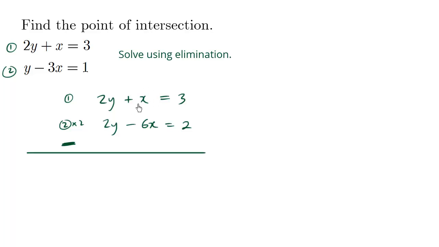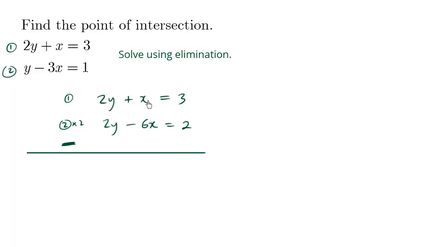Positive x minus negative 6x becomes a plus x, because remember, two negatives become a positive. If I were to write it all out, it'd be x minus negative 6x, because we're taking the top minus the negative. So this minus bracket minus becomes a plus here.